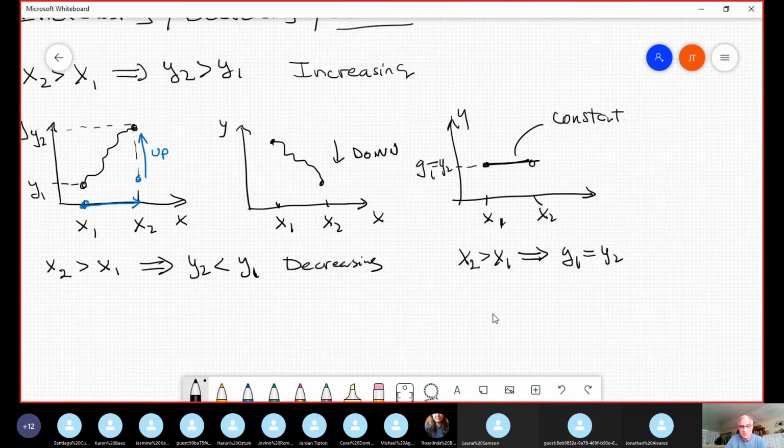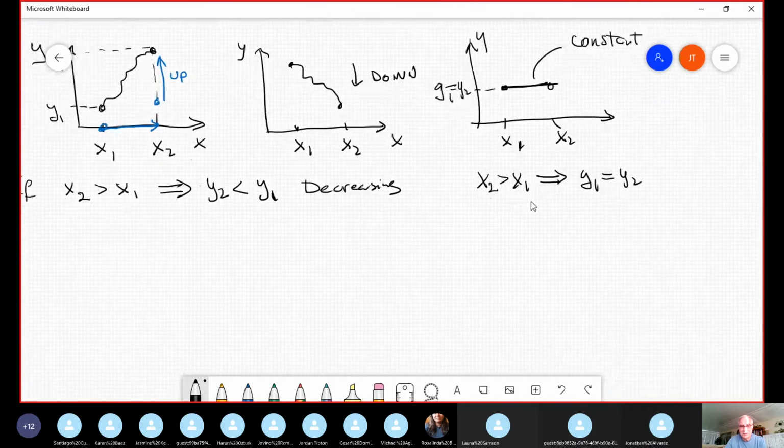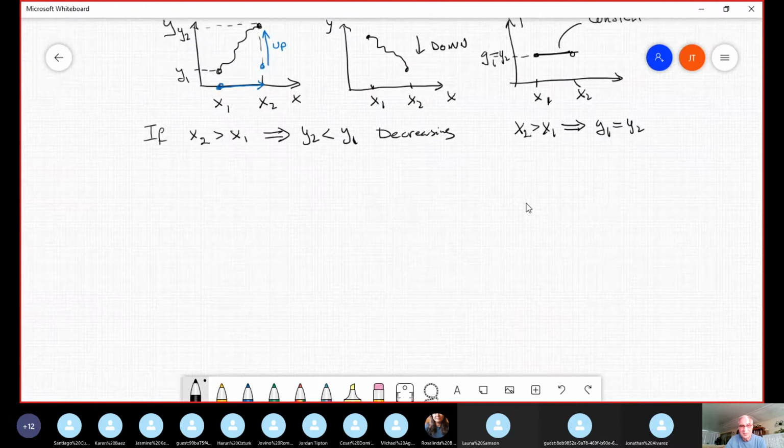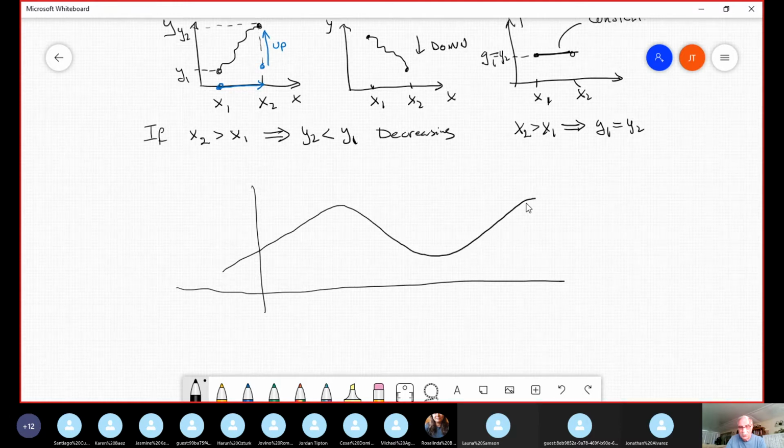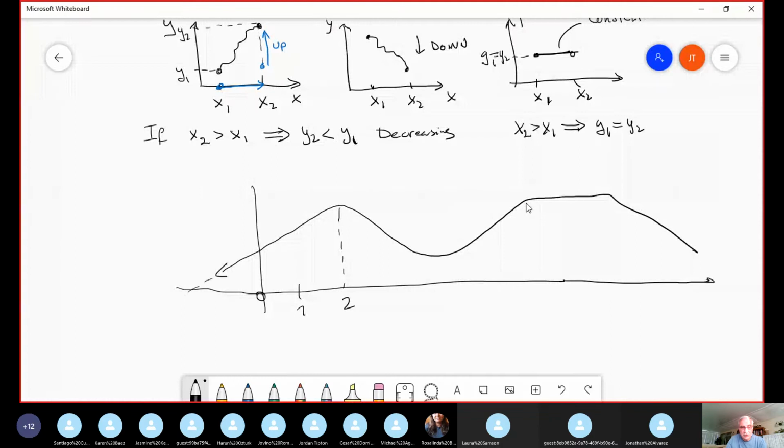One graph is given, suppose. Maybe a hypothetical graph, complicated in different intervals. Suppose something like that. Suppose numerical values. Suppose this point is 2. It's 0. This continues forever, and this continues forever.